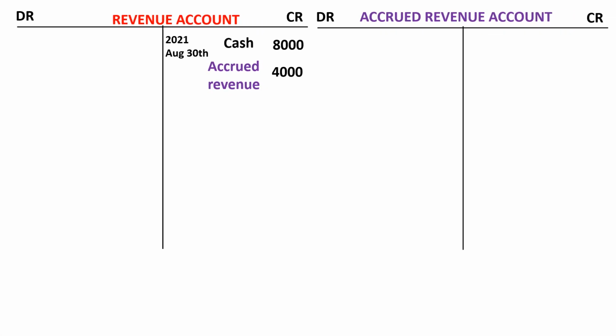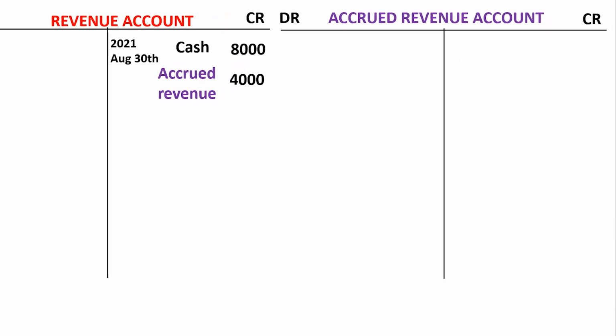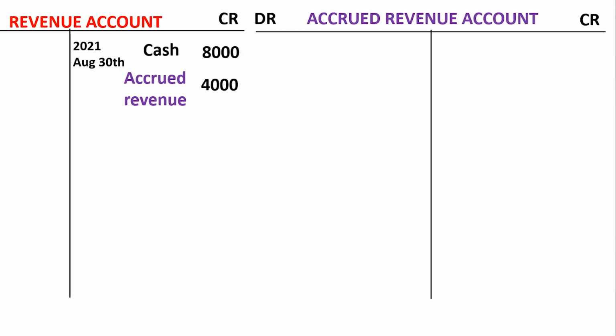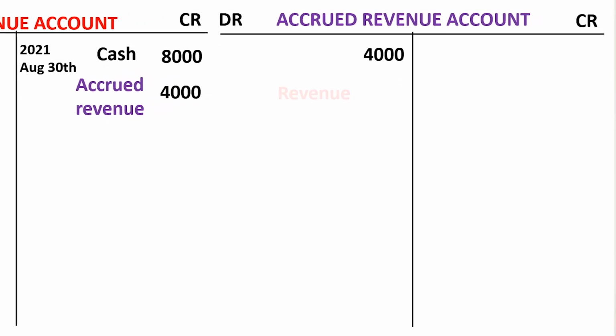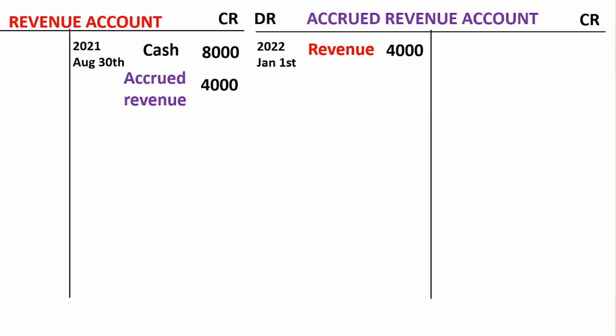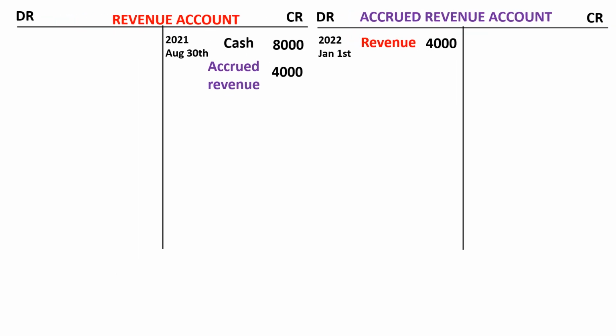So we shall create the accrued revenue account, and we shall finish the double entry by debiting the accrued revenue account. Like you all know, assets are debited, so the accrued revenue account is also debited. So the accrued revenue account is treated as an asset in the balance sheet, and of course the revenue account shall be treated as revenue in the profit and loss account, or call it the statement of comprehensive income.